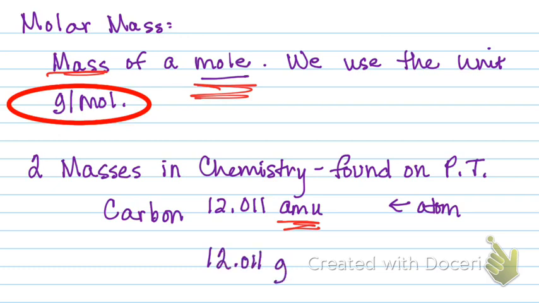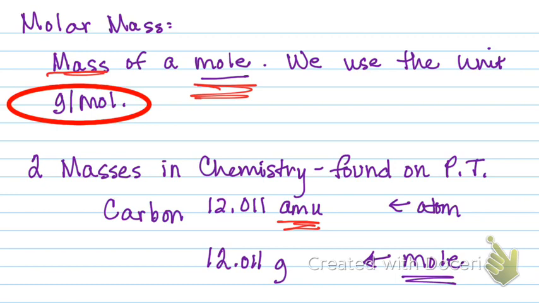Okay, if we're talking about a mole, it's that same number. This is the mass of a mole, and so we use grams. When you are writing molar mass, though, I want to make sure that you understand why I'm just saying here the unit is just grams, because this is the mass of a mole.